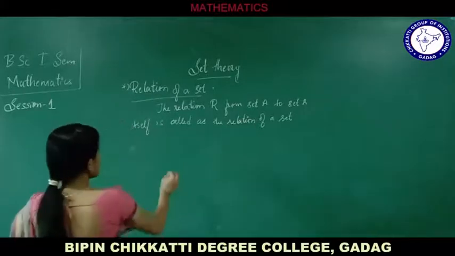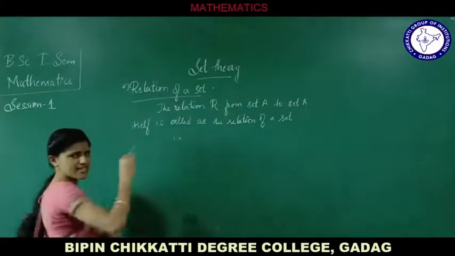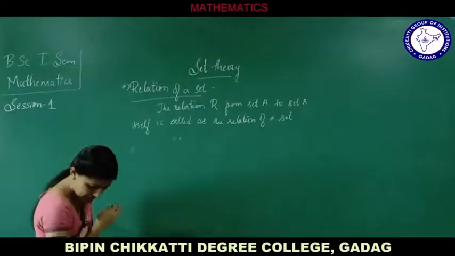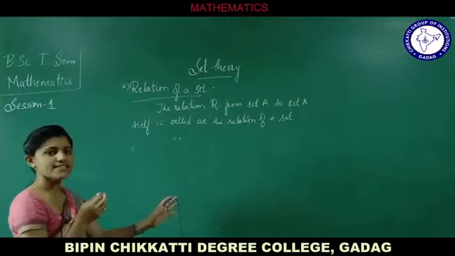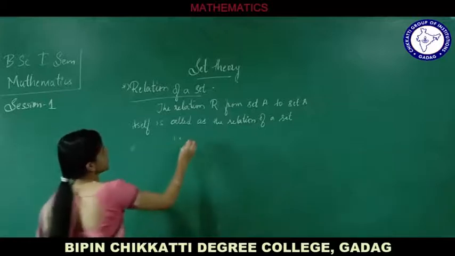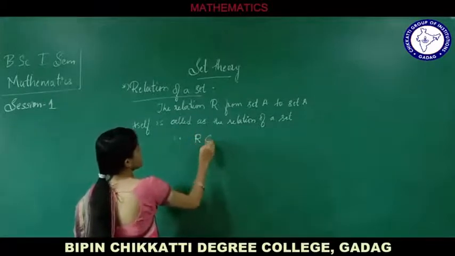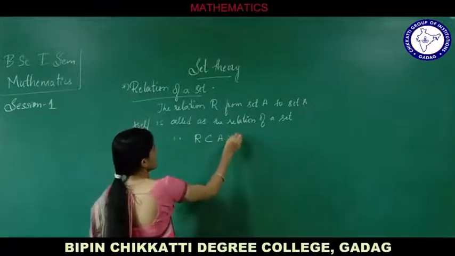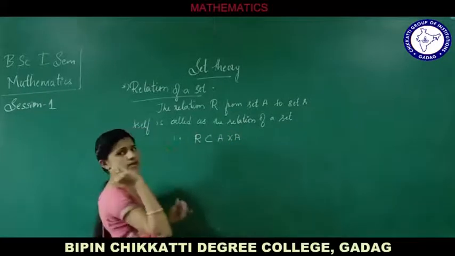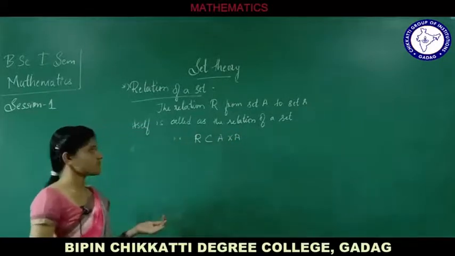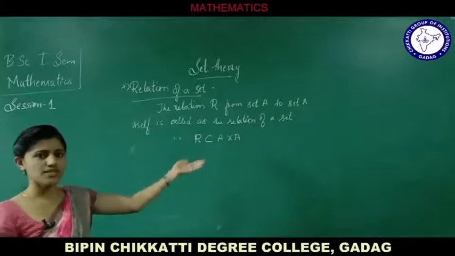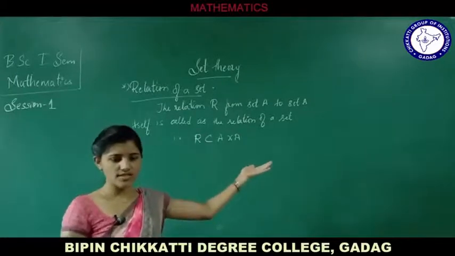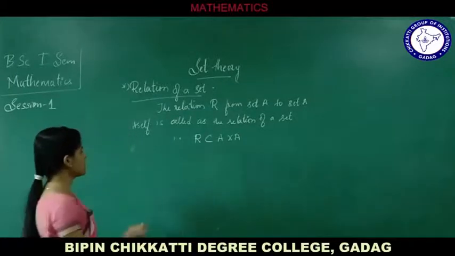We have said it is a subset, right? While defining relations, we have said that R is a subset of A cross A. We had studied that it is a subset of the Cartesian product. That is why R is going to be a subset of A cross A. How are we going to define it?